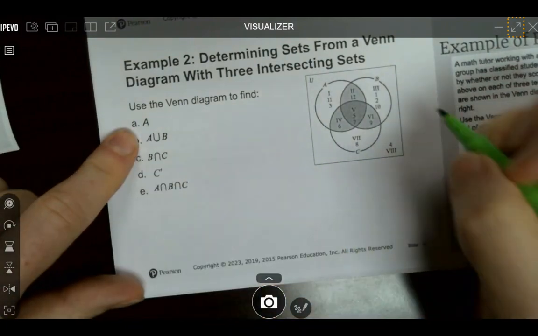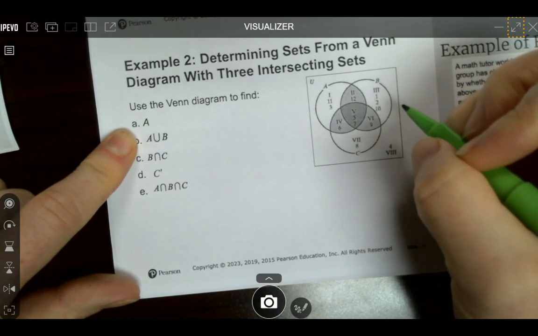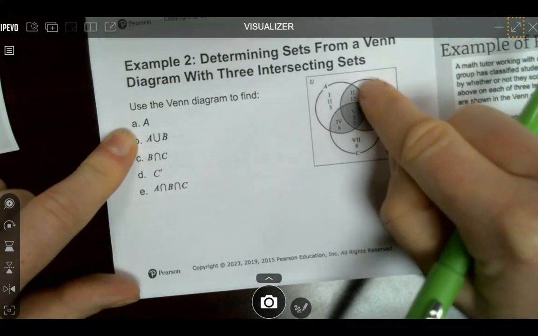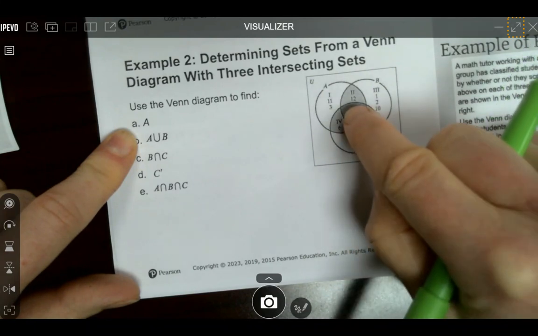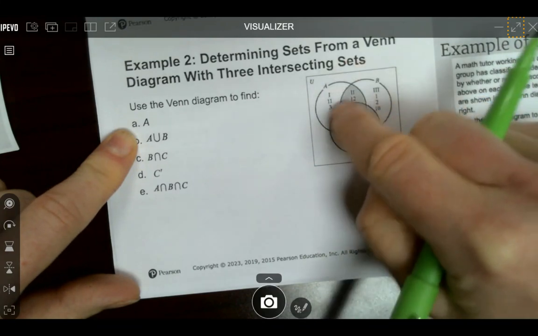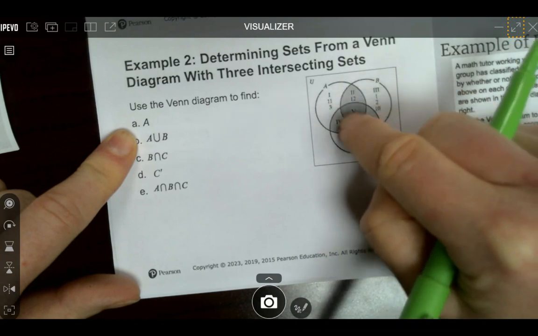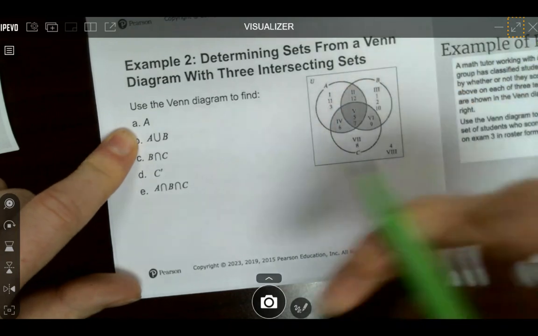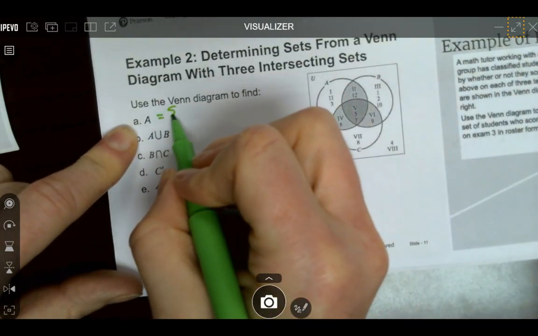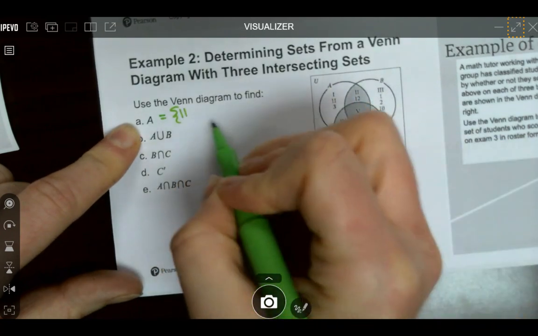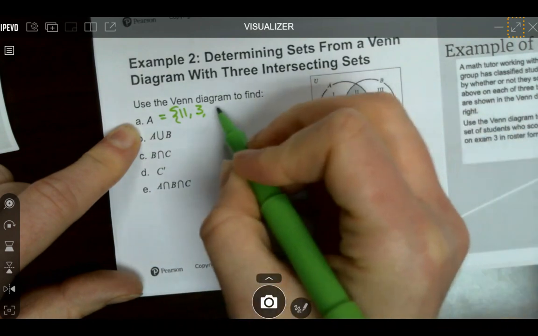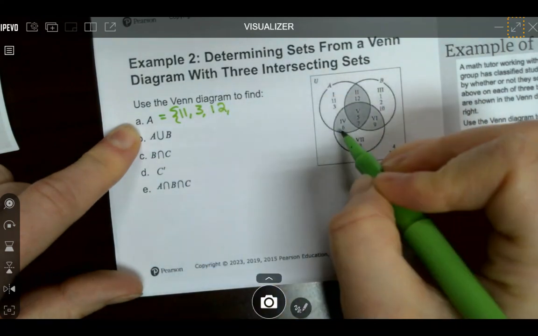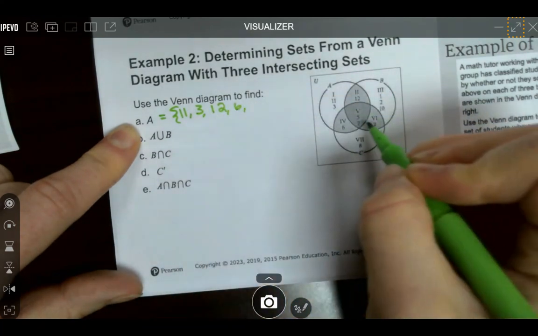So A would be every element in all of A, including what's in common with C right here, and what's in common with B, and what's in common with B and C. So it will be all of those elements. So 11, 3, 12, 6, 5, and 7.